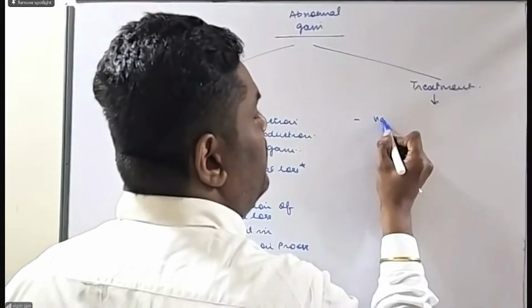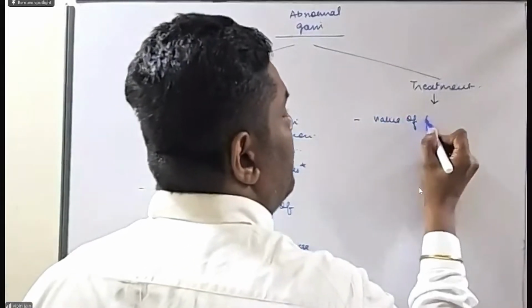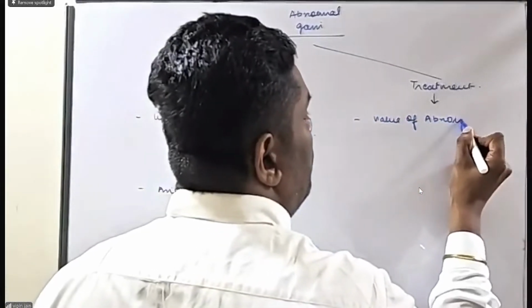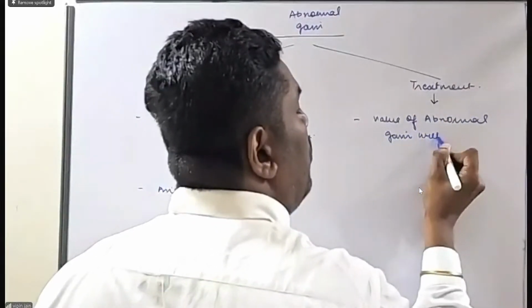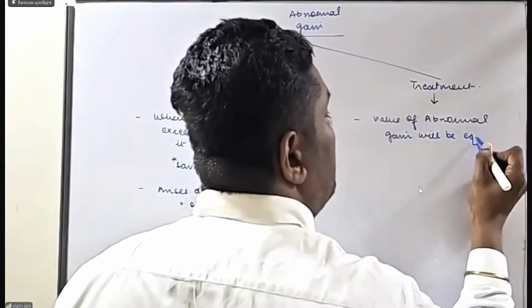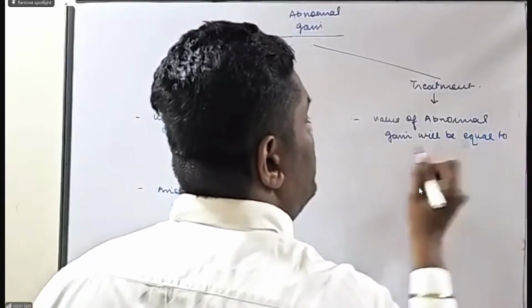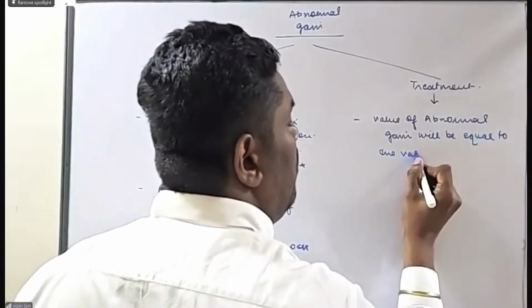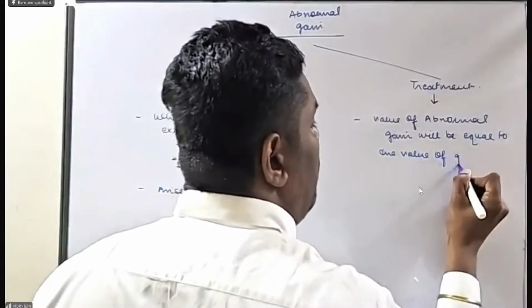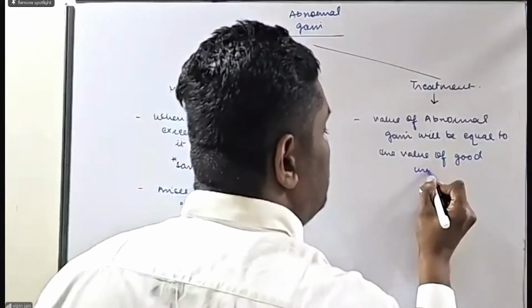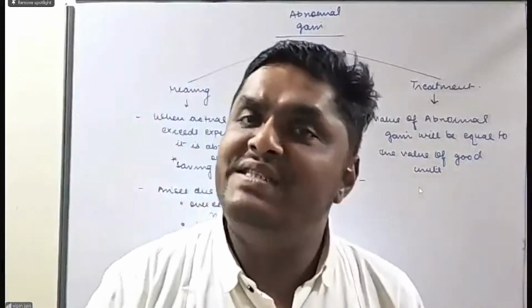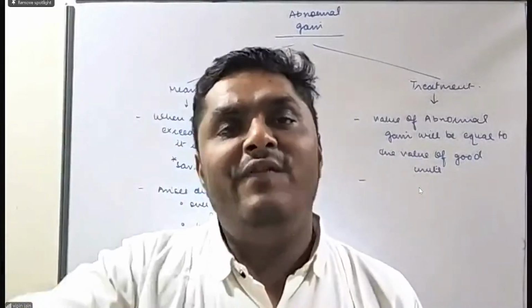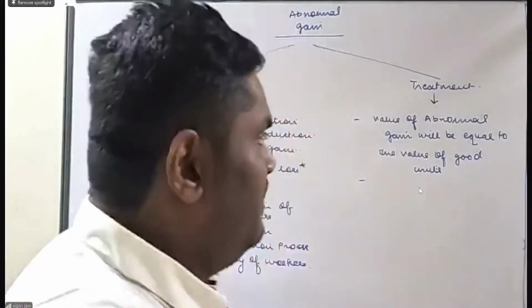So the value of abnormal gain will be equal to the value of good units. Further, it is to be shown in debit side of process account, thereafter transferred to costing P&L.